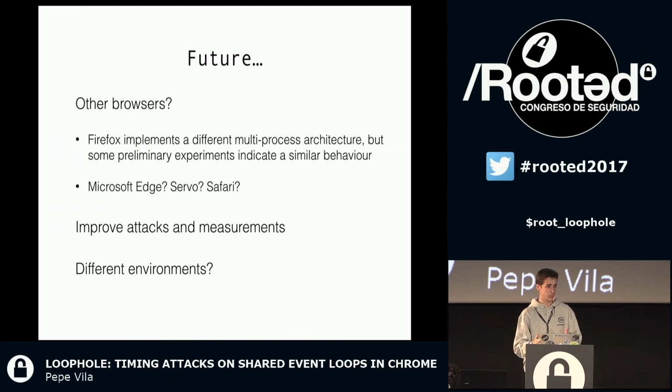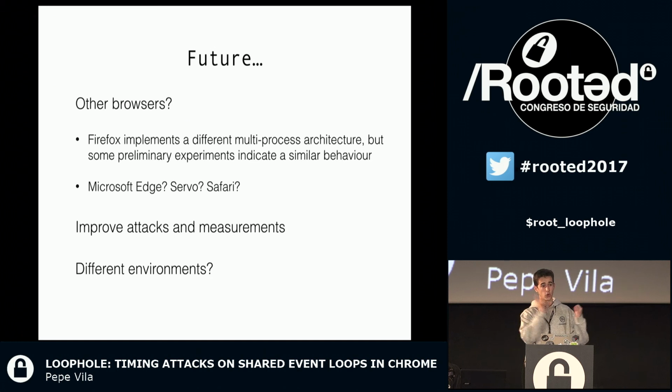So the problem is there with other browsers. Therefore, I'm curious to see what will happen with Servo. It is a new engine being made in Rust. I want to see how event loops are processed there.